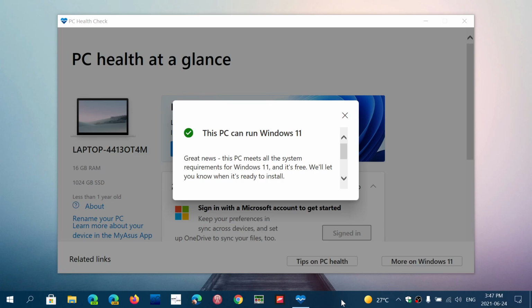But for those of you that have TPM 2.0 and say, well, I have it and it doesn't work, the biggest factor that you probably have as a problem for the new version of Windows is your graphics adapter. It has to be DirectX 12 compatible. It has to run DirectX 12.